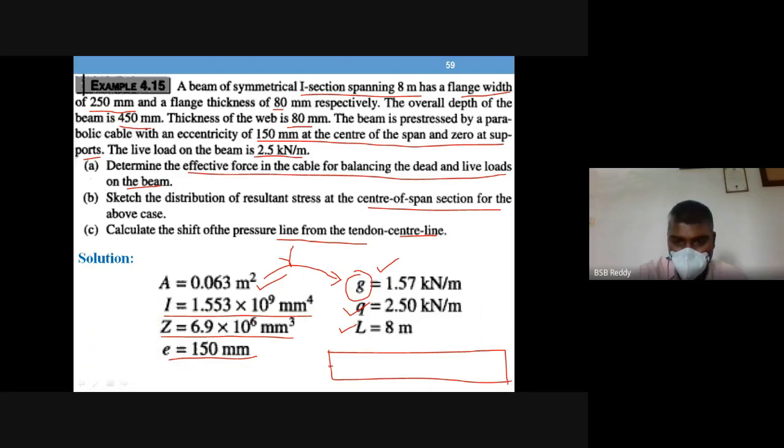So 0 here and 0 here. Center it is 150 eccentricity. Something like this. The parabola should go like this. But the cross section is I section.